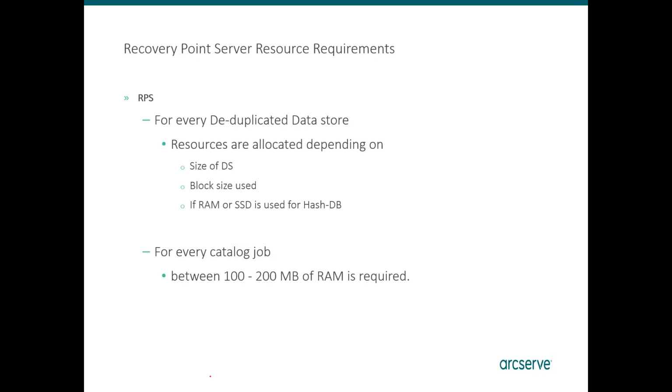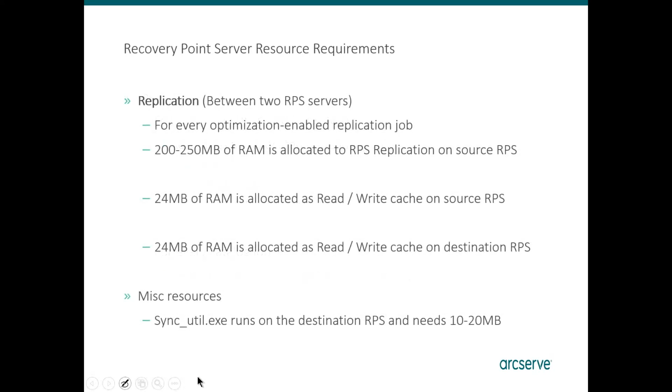The backup can be extended if you decide to create a catalog. If you disable catalogs, then we don't need to create that at that time. Your RTO will be impacted though if you do need to, let's say, restore a file. Then the catalog has to be created at that time. So running the catalog does take some resources.